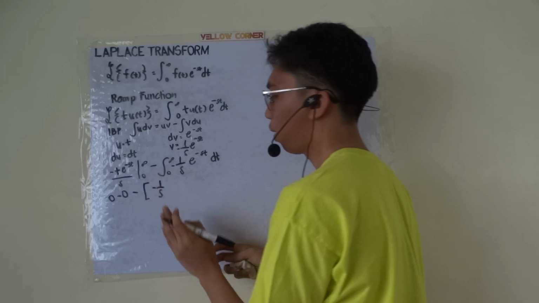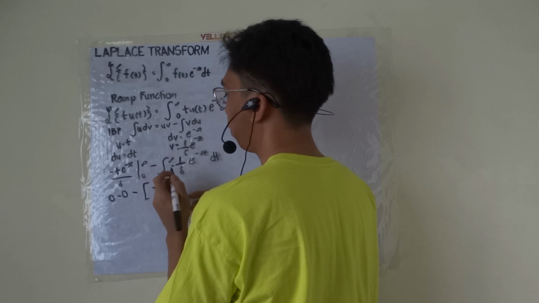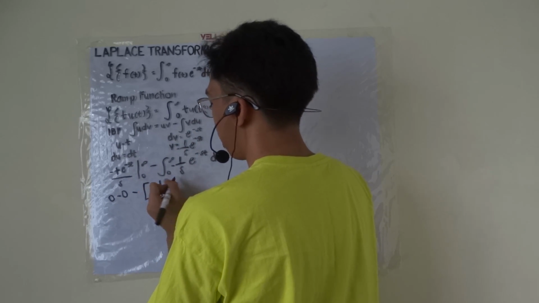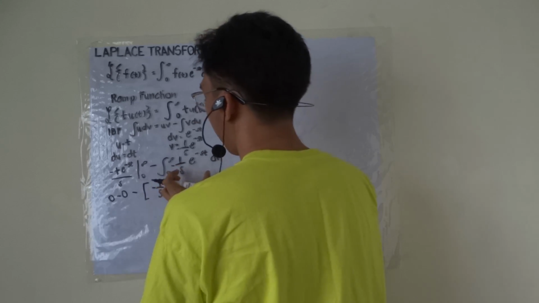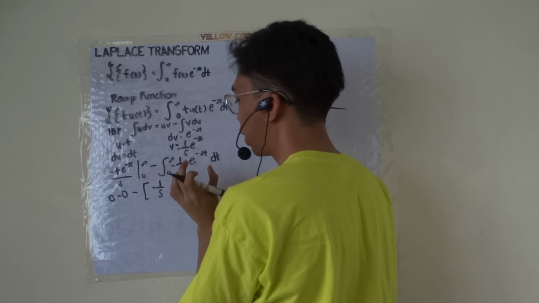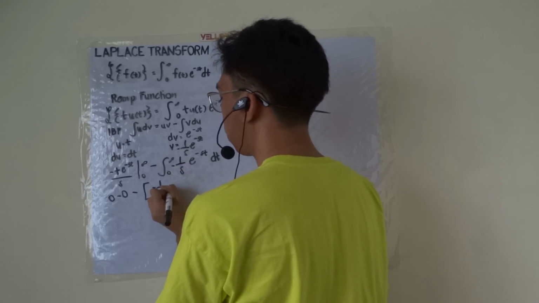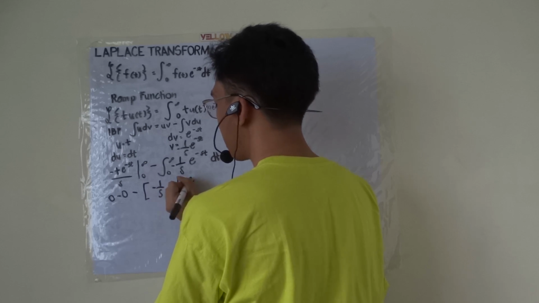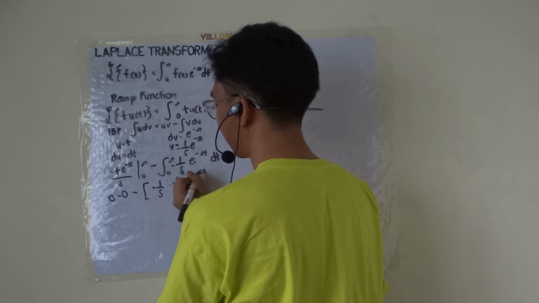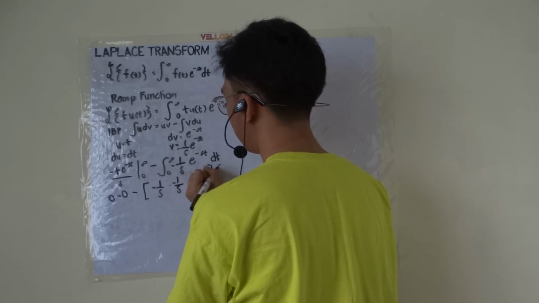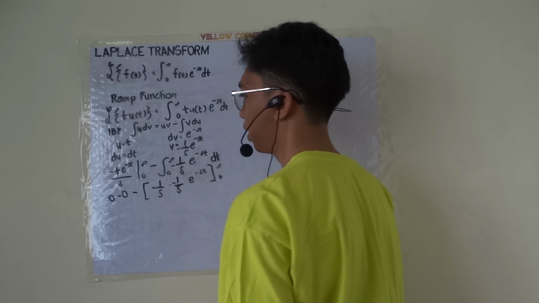Since negative 1 over s is a constant, we put it outside the integral. And evaluating the integral of e raised to negative st, we have negative 1 over s e raised to negative st, still having the limits of 0 to positive infinity.